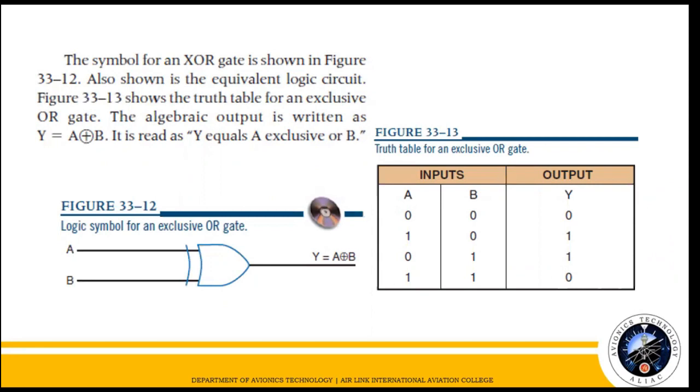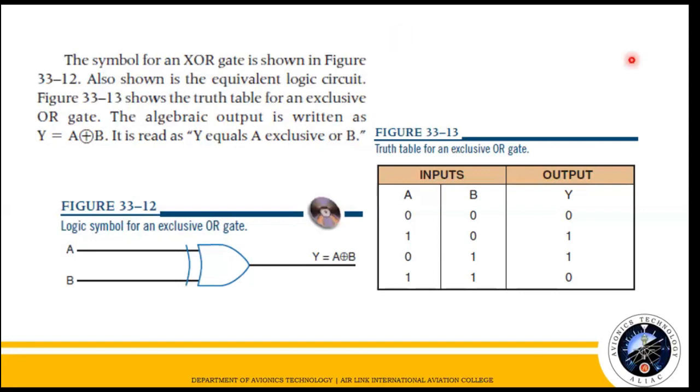Okay, so mag-add din tayo pag sa exclusive OR gate. So sinasabi, sa exclusive OR gate, sila ay A or B but not both gives the Y. So, dyan, yung napakita dito is yung 2 inputs lang. So, what if meron kang 3 inputs na XOR gate?